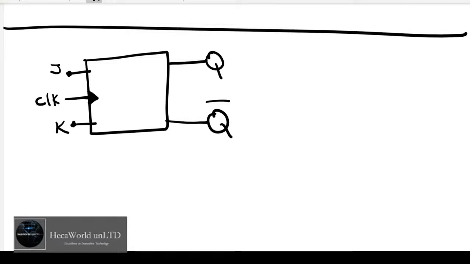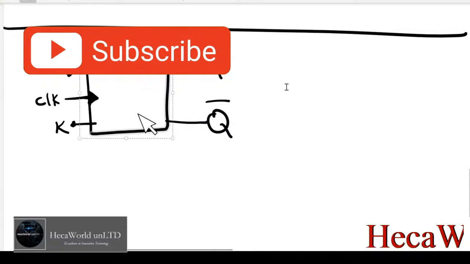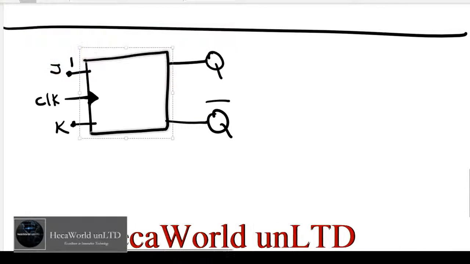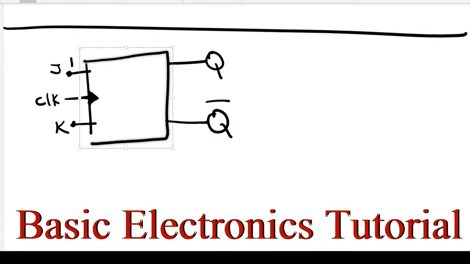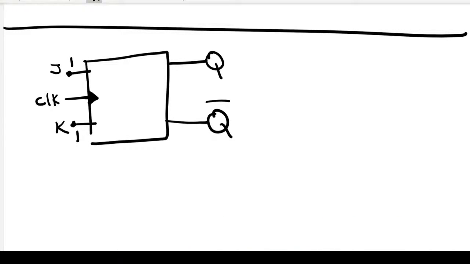So let's take an example. Let's say we have 1 on the J input, and we also have 1 on the K input, and we send a clock.